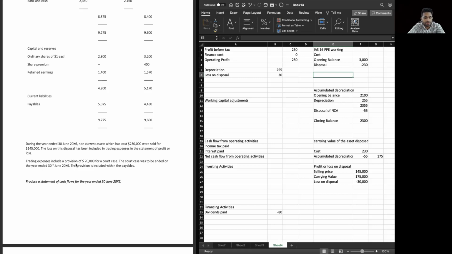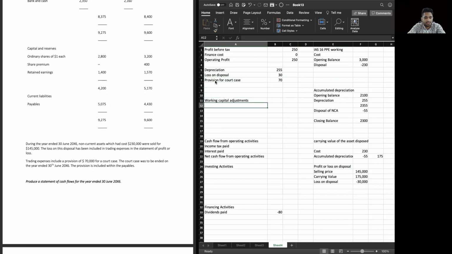Trading expenses include a provision of 70,000 for a court case. So this is again a non-cash item, right? We will be adding it back, since it's a non-cash expense, so then your profit will increase.